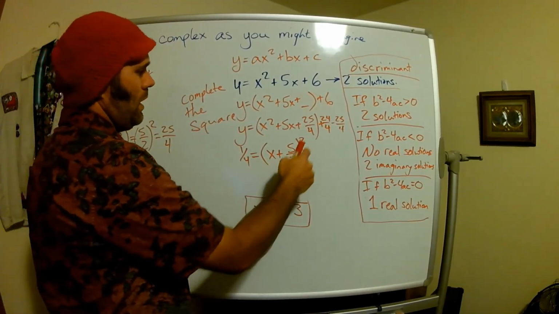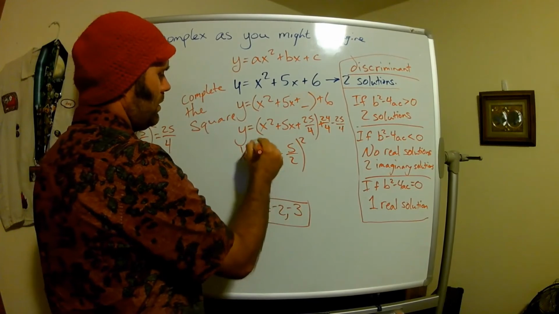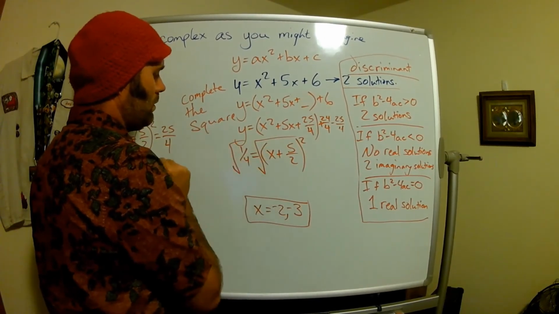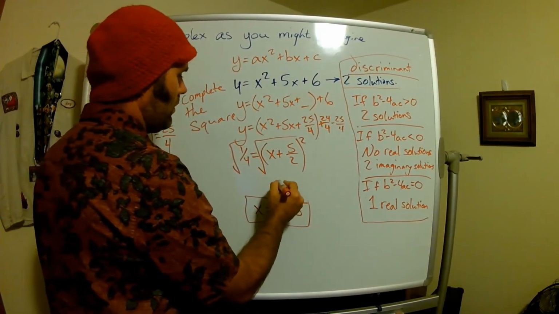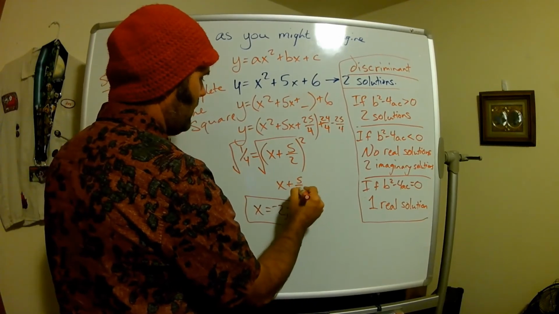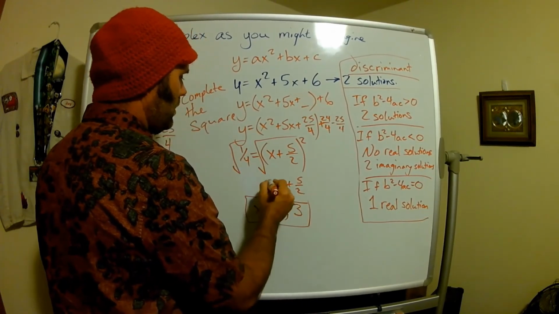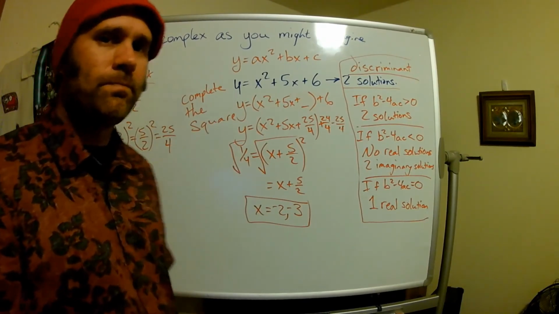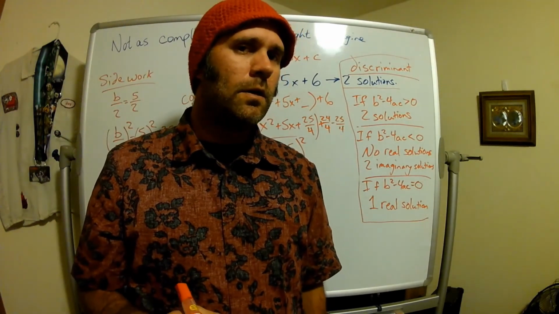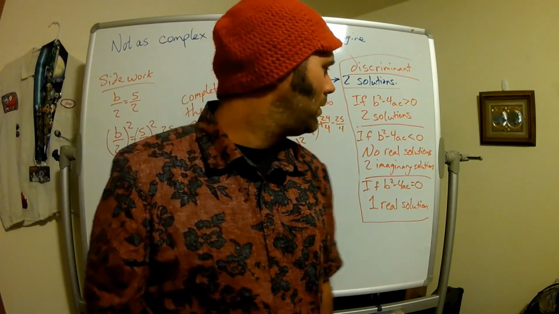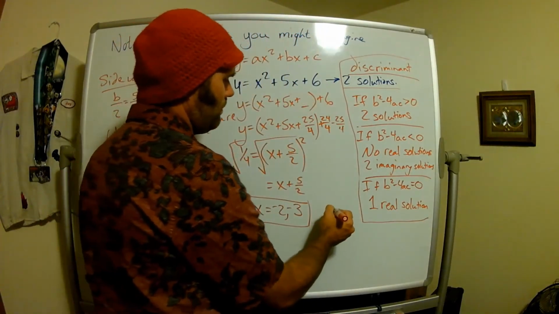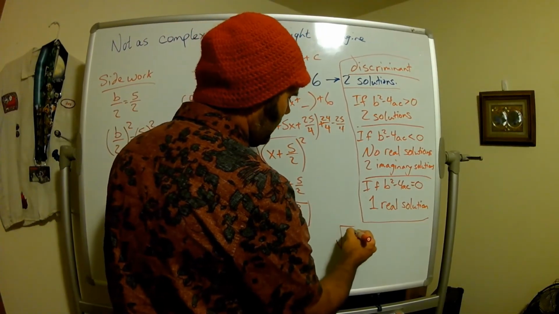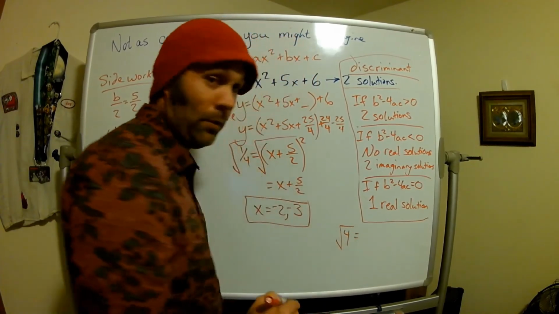And now I'm going to square root both sides. And that leaves us with x plus 5 halves equals the square root of 1/4. Now, let's say it was a nicer number, like the square root of 4. I like the square root of 4 because it's just simple.